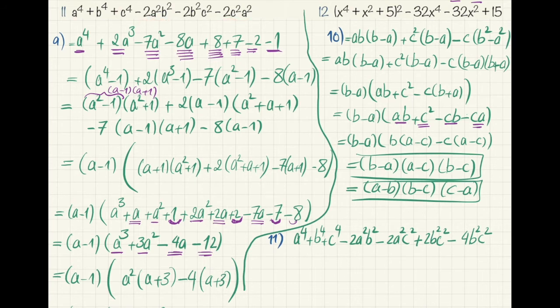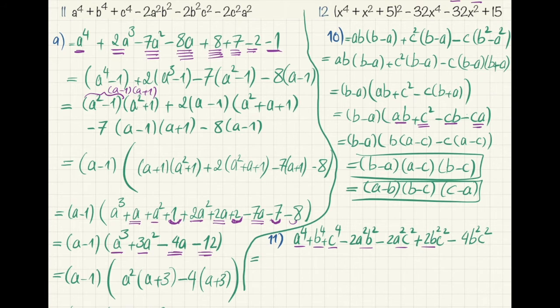But then instead of minus 2b squared c squared, I have written positive 2b squared c squared minus 4b squared c squared. That's exactly the same thing. But the benefit of doing that is that I can group all these together now. Do you remember which identity it is? Yes. So this becomes this identity.